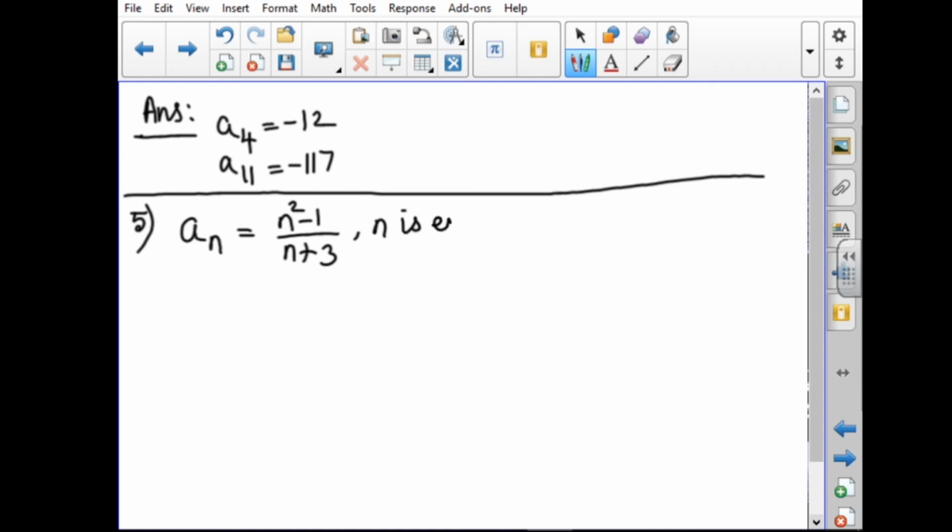If n is even, we have to use this expression. Another expression is given: n squared by 2n plus 1, if n is odd, where n is a natural number.